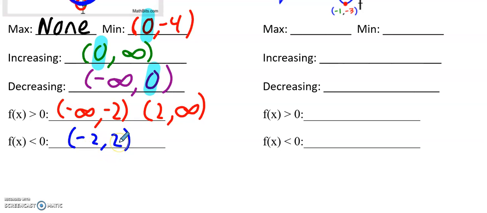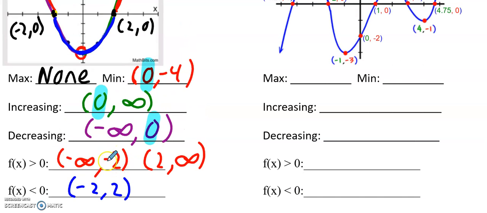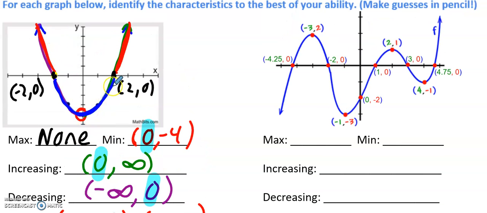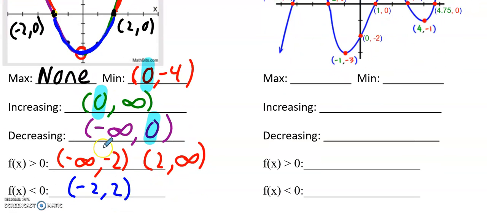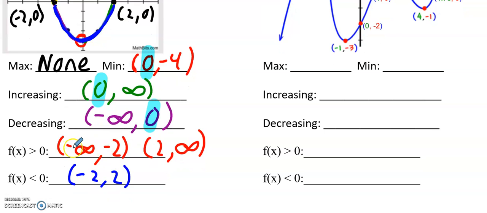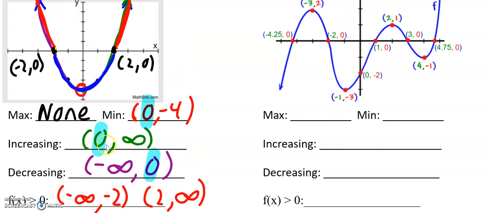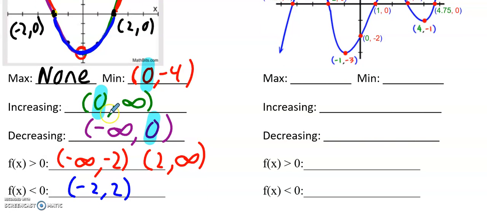So from -2 to +2, but these are x-coordinates. Here, this should match up, right? Since this is a polynomial, it is either increasing or decreasing, and it is either above the x-axis or below the x-axis.